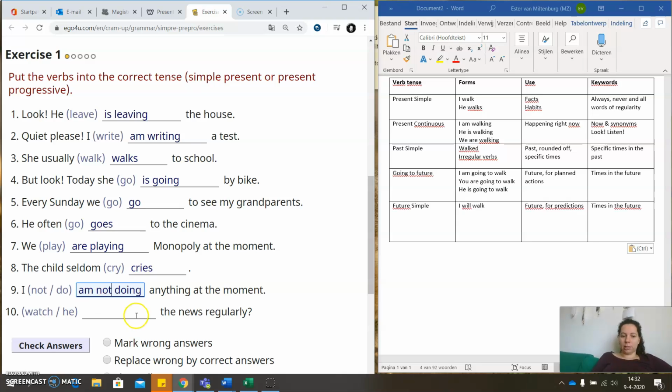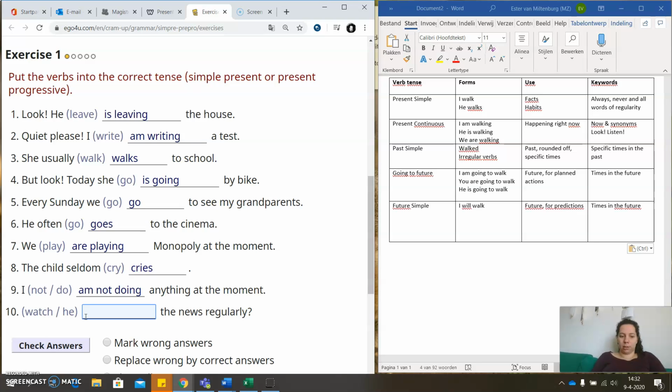Let's try the question then in 10. I see the word regularly, regelmatig. So that's a word of regularity again, so I'm using present simple. Now I need to do a present simple question. I see that the verb that I'm using is watch, and watch is a normal verb. It's not on my list of special verbs.